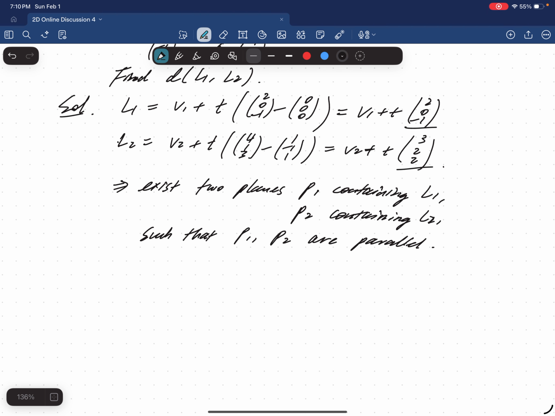Why? It's because if my two direction vectors are independent, then the cross product between them is non-zero. So I can find a unique direction that is perpendicular to them both, right?